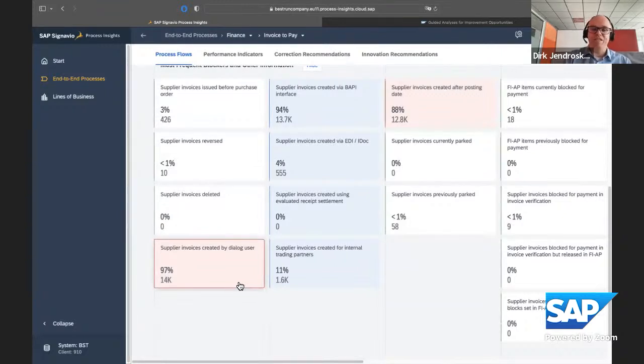Supplier invoices created by dialog users, just picking as an example, it shows red because it requires some attention. If you see the numbers, 97% of all supplier invoices are created by a dialog user, so manual work. This is something, as an owner of that process, I would love to look into and understand, could I do something better?